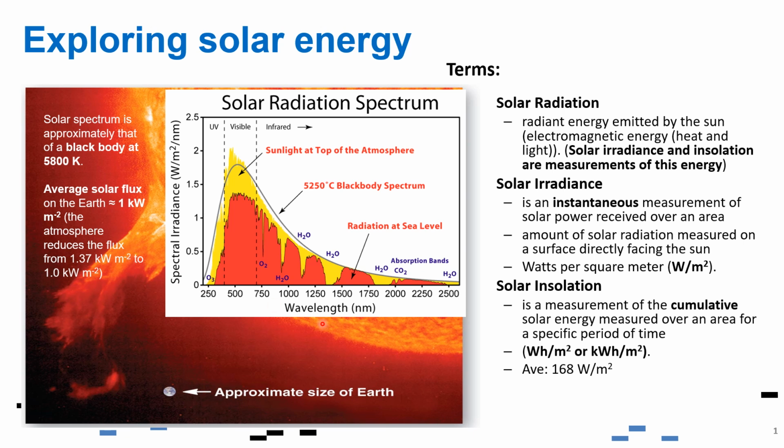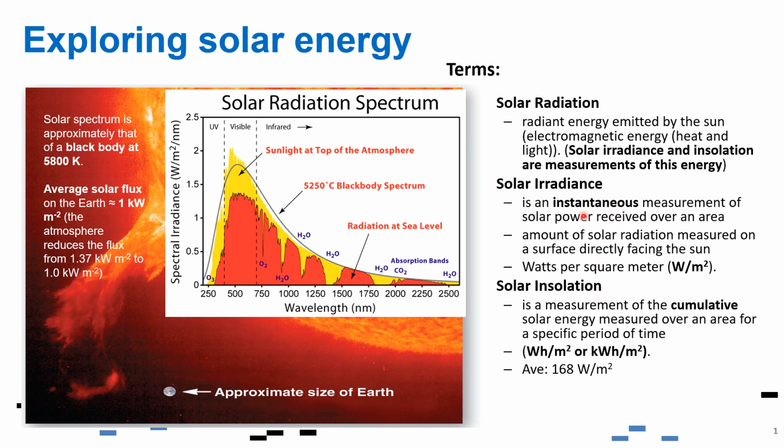Before we continue with the various mechanisms of how to harness energy coming from the sun, let's first understand some of the terms that we use here. Solar radiation is the form of energy, the radiant energy from the sun, and this radiation can be measured in terms of irradiance or flux and solar insolation.